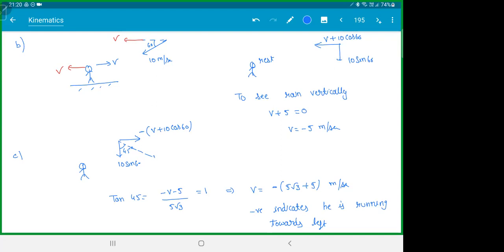Next one. We have an incline like this. This is 30°. This is 60°. This is A, B, C, and D. And we have a man here who is walking on the incline with a constant speed.